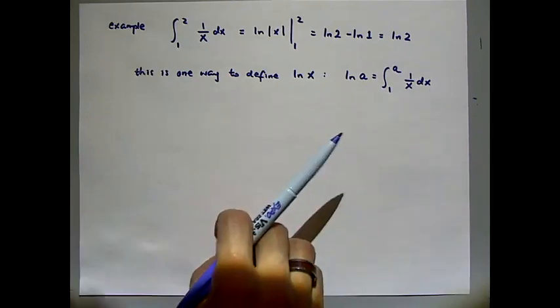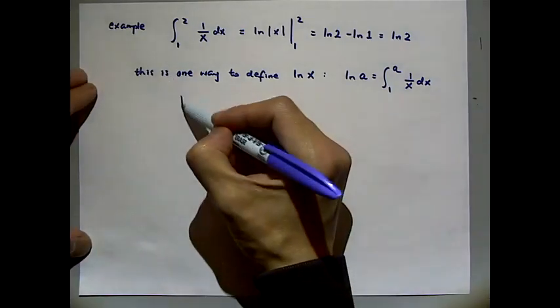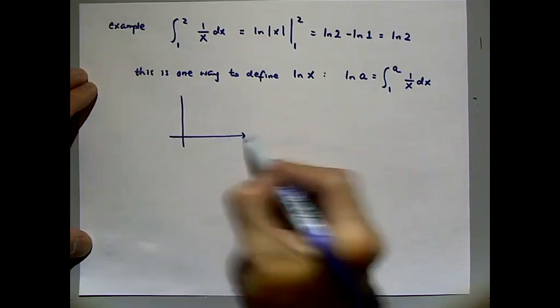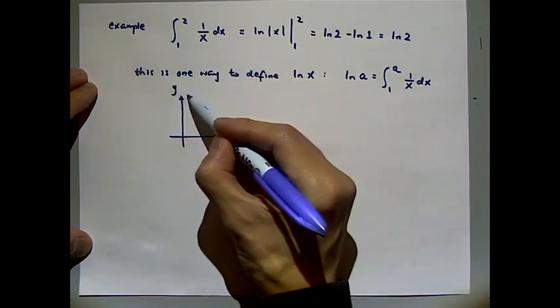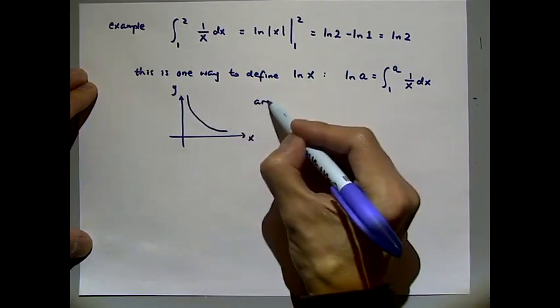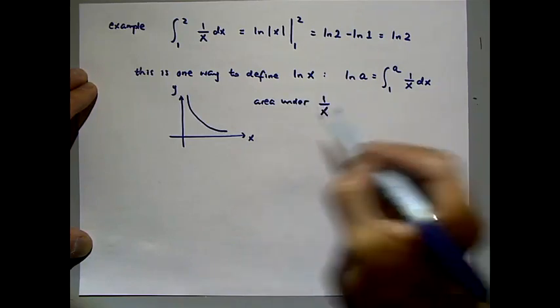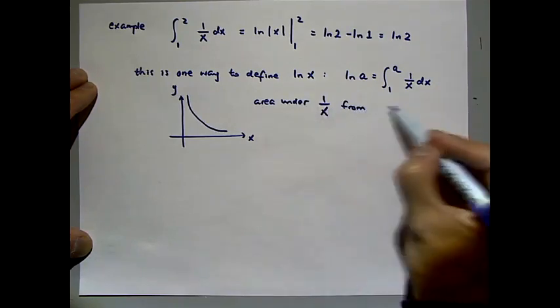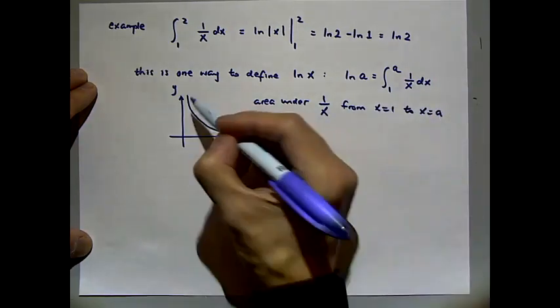So this is one of the first ways in the history of mathematics that natural log was defined. In fact, it was specifically in one of the earlier ways defined as the area underneath the function 1 over x from x equal to 1 to x equal to a.